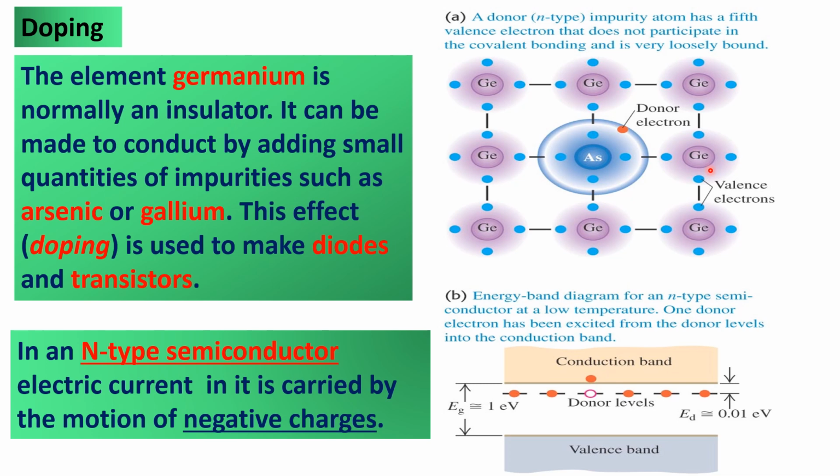As shown in diagram letter B, because of its very small energy gap, there is a high probability for that particular electron to move to the conduction band.